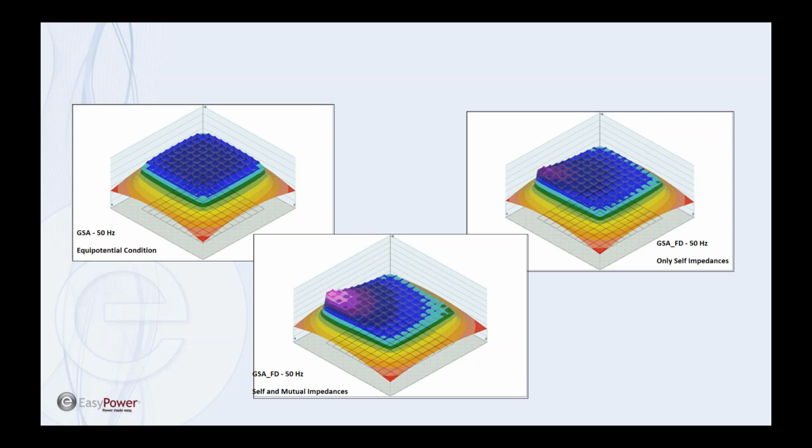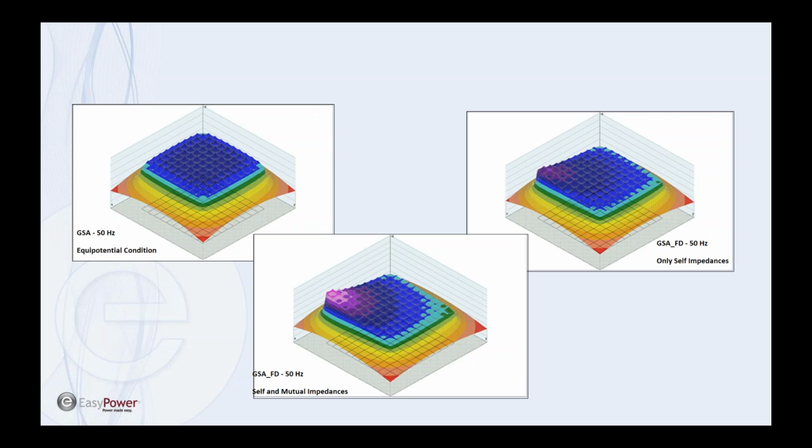If you step to the far right, where we are modeling only self-impedances, the left side of the grid, which is likely where the fault is, has a higher ground potential rise, and as you get farther away from the fault point, the impedance of the conductors has the effect of reducing the ground potential rise farther away.